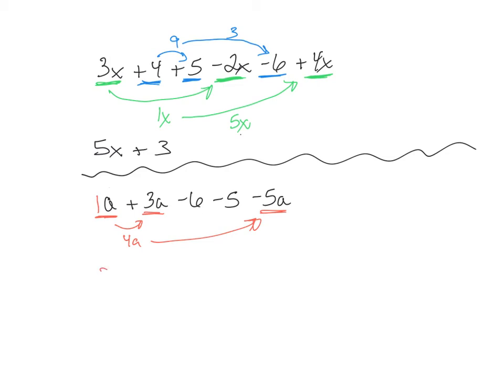But there's more negatives, so that's negative a. And then negative 6 and negative 5, the signs are the same. If you dug 6 feet and you dug 5 more feet, you dug 11 feet.